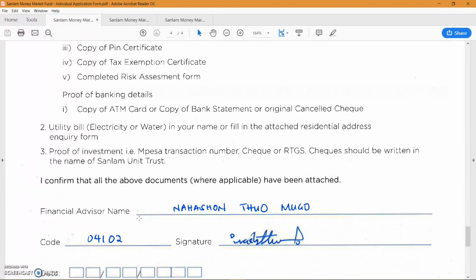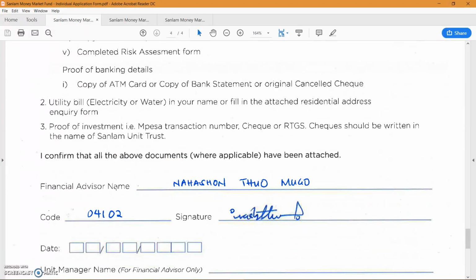And then for purposes of, you remember in this section I was talking about certification. I, for example, Sanlam have done background checks to verify that I am a genuine person, and the fact that I also invest with them, I can certify the documents on your behalf.